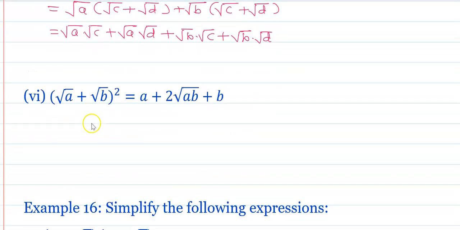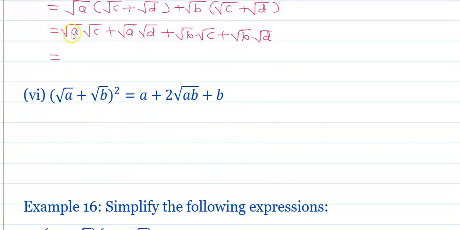What about here? This is nothing but root of ac plus root of ad plus root of bc plus root of bd. Okay, this is the multiplication.